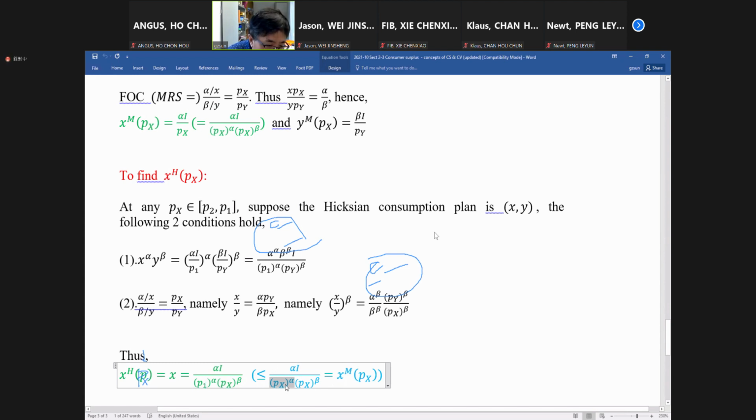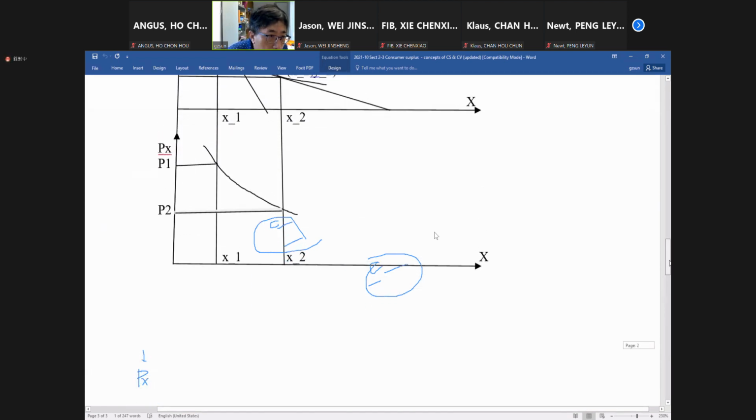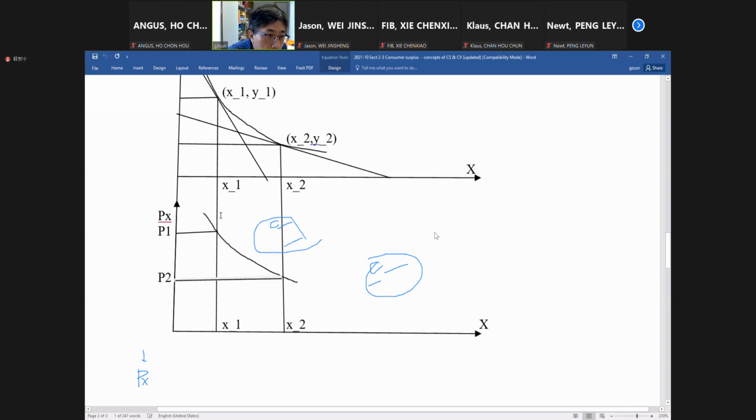Otherwise, this number is always larger than this number. And this is precisely what we discussed when we considered the other curve.